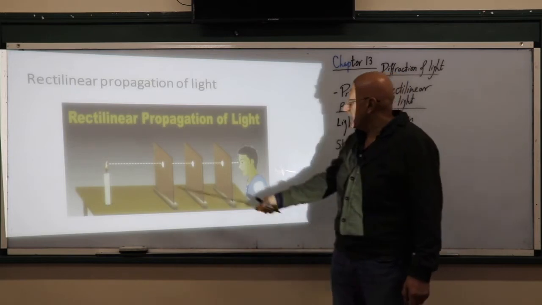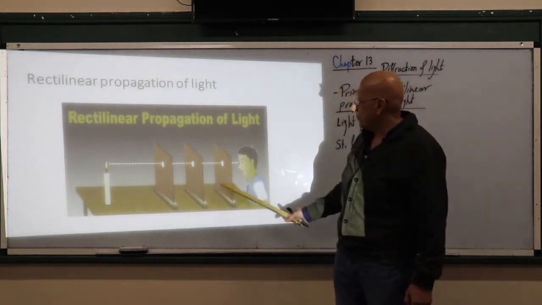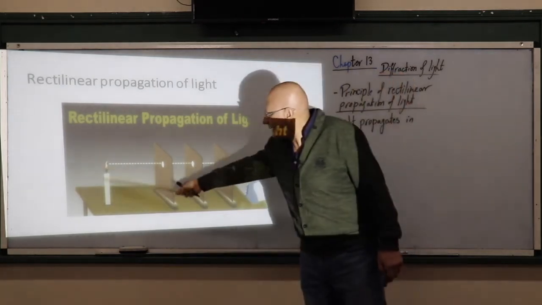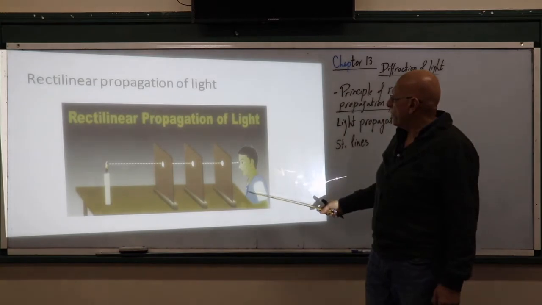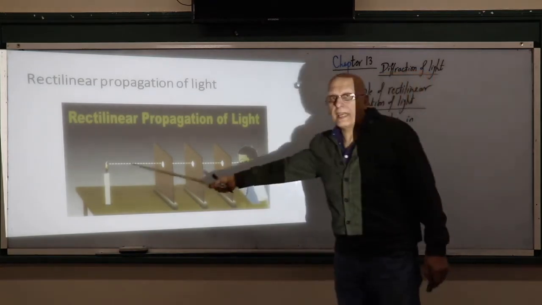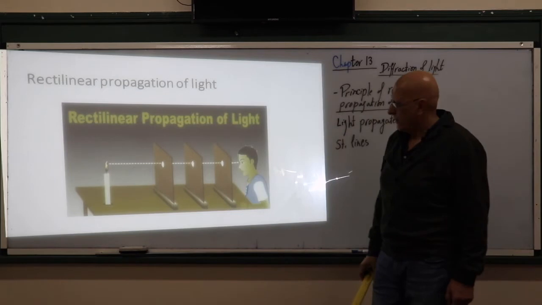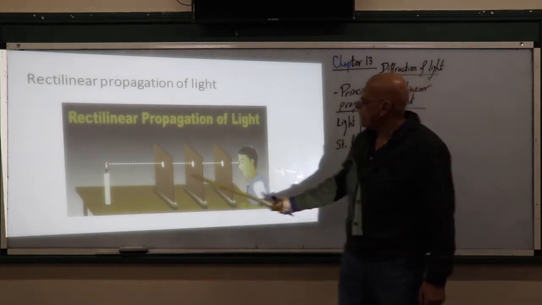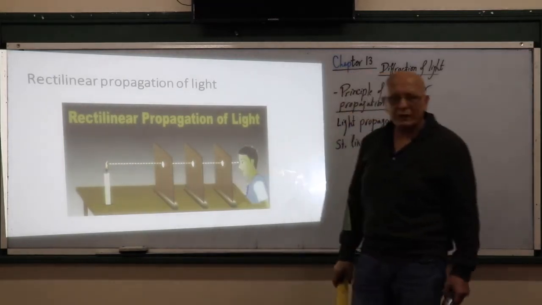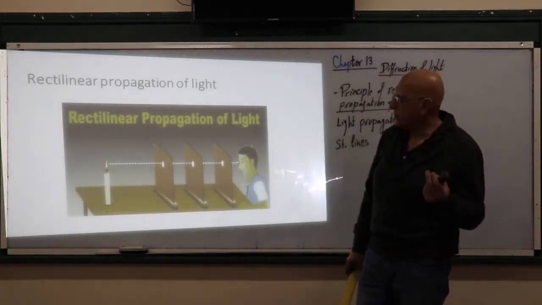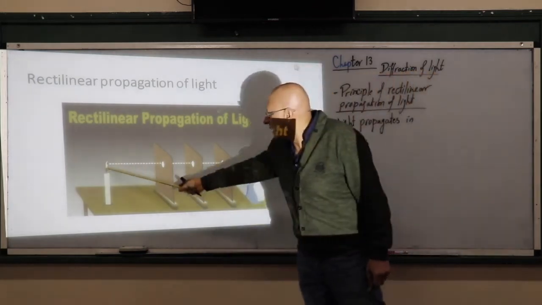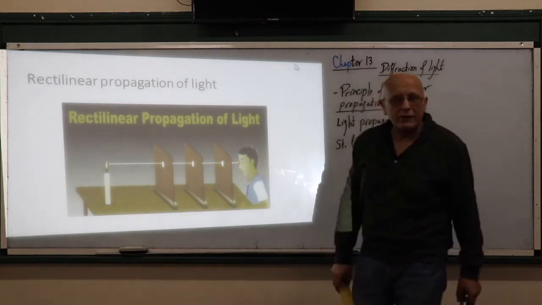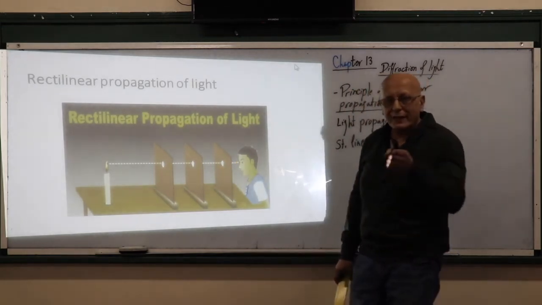As you see here, you have 3 cardboards with 3 holes, and a candle and a boy that wants to see the candle flame through the holes. In order for the boy to observe the candle flame, what is the condition? The condition is that the candle flame and the 3 holes and the eye of the boy should lie along a straight line.